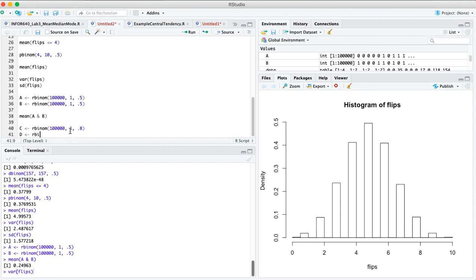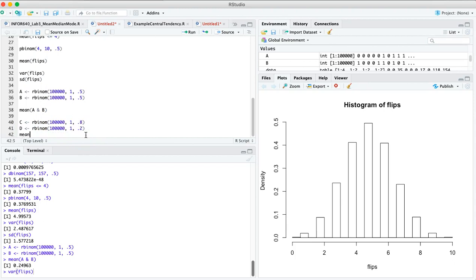We'll do our binom and 100,000 coins, and they are unfairly weighted, but this time let's say they're in favor of tails. Let's make it a little bit different. So we'll have a 0.8 in favor of heads and 0.2 in favor of tails. We'll go ahead here and calculate the mean of C and D and see what we get.